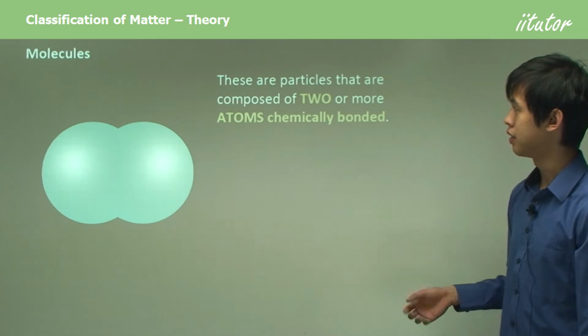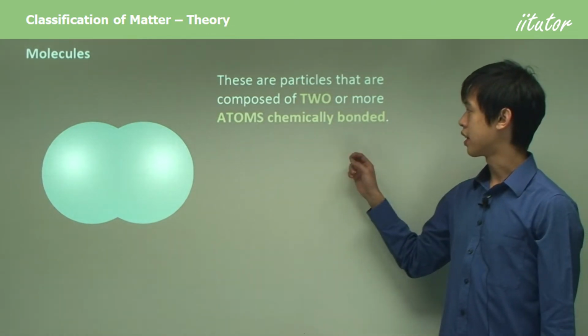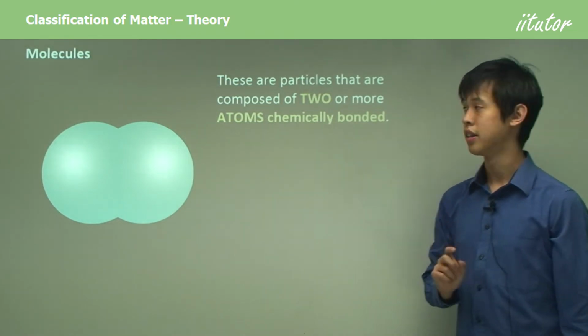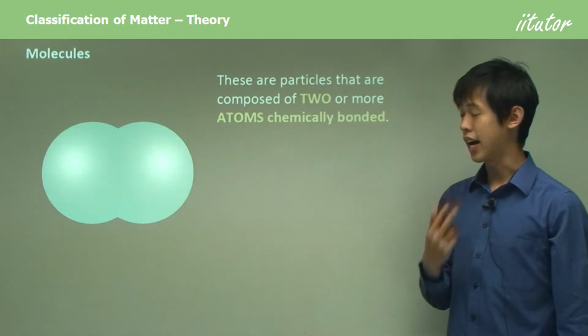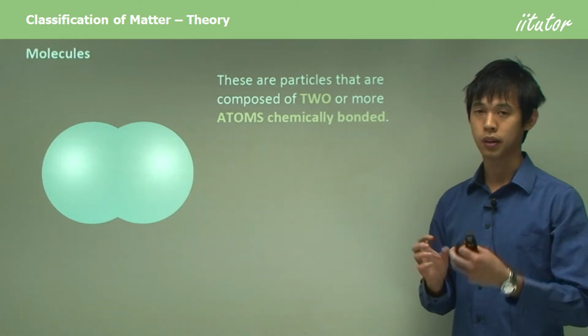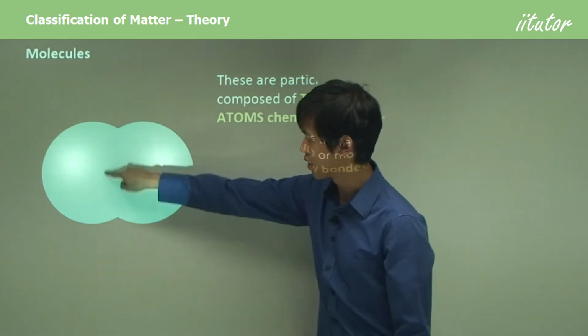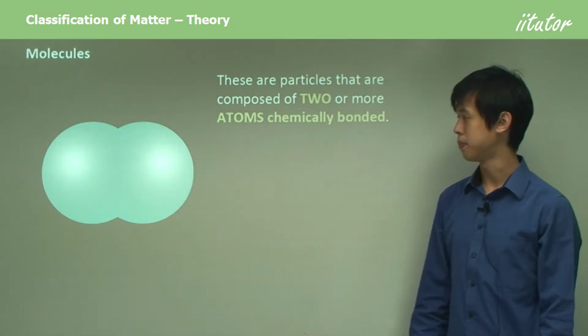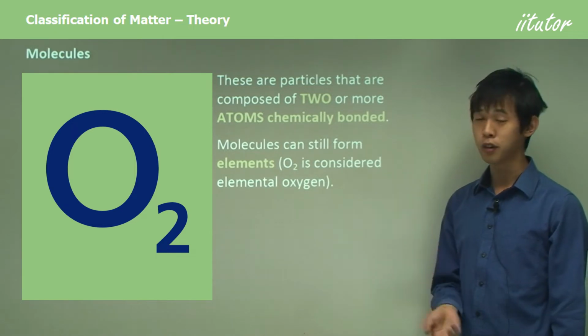Now a molecule. These are particles that are composed of two or more atoms chemically bonded together. So it can be two or more atoms. They could be the same atom, they could be different atoms combined together chemically. So here we've got one circle bonded with another circle, and that gives us our molecule. Molecules can still form elements.